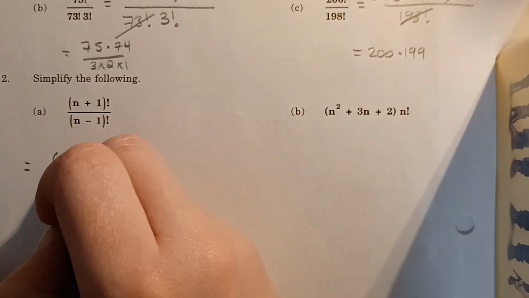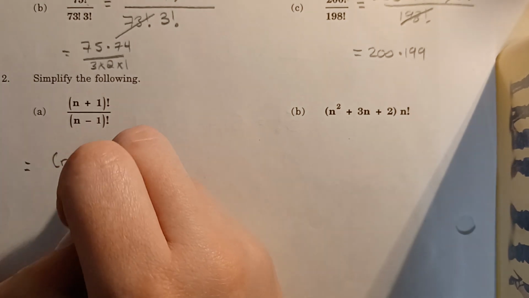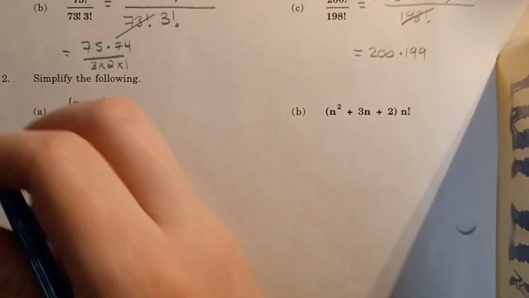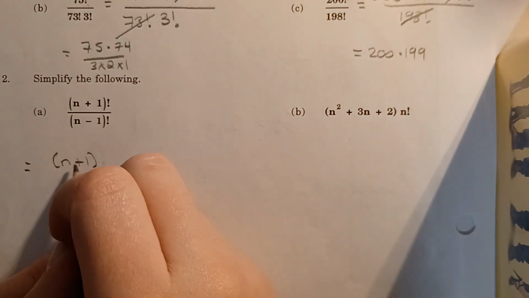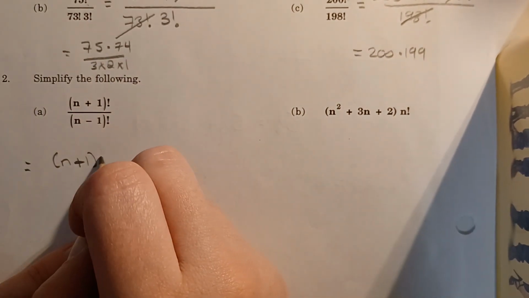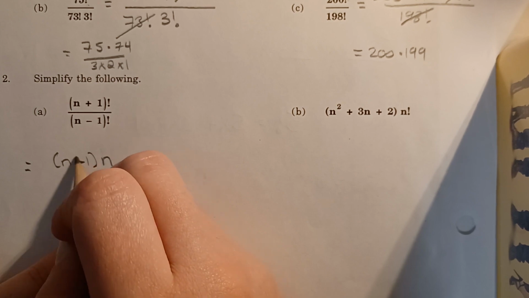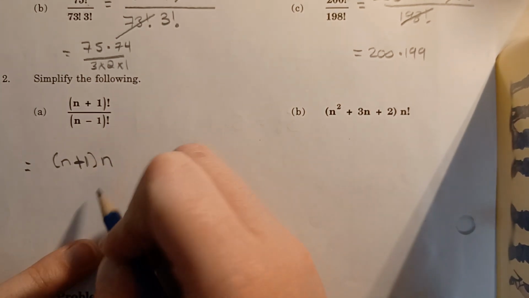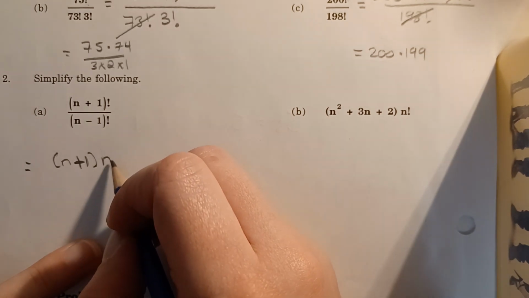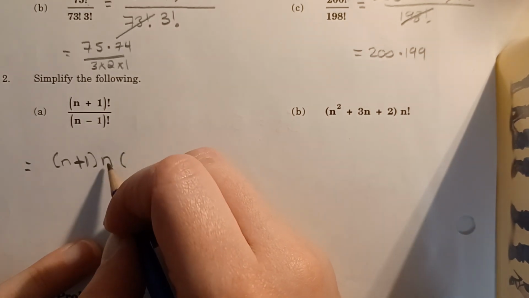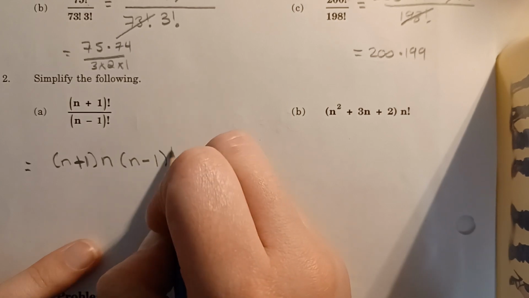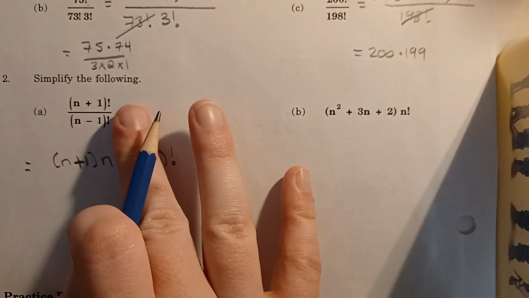So n plus 1 factorial is the same as n plus 1 times 1 less. So n plus 1 minus 1 would just be n. And then we can multiply that by 1 less, which is n minus 1, and we can just write a factorial.